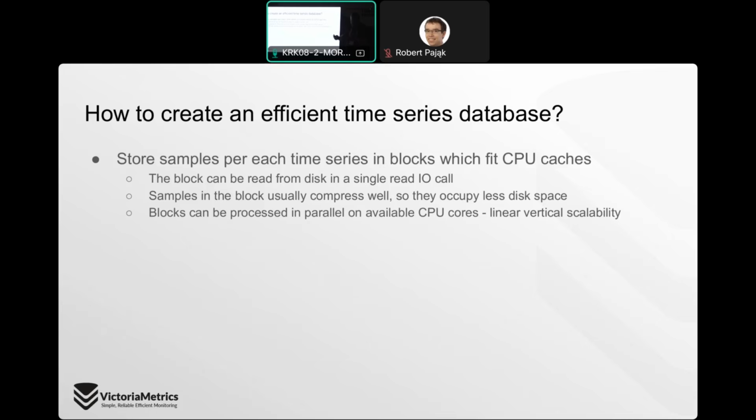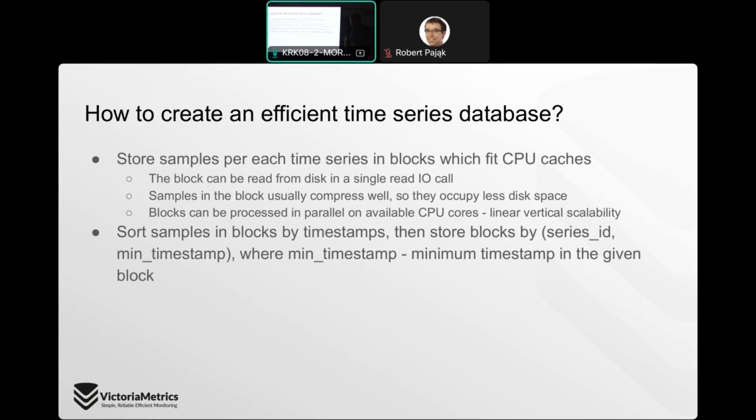And if such blocks of data fit CPU caches, then you can process such blocks very efficiently on CPU, and you can process multiple concurrent blocks on multiple CPU systems very efficiently and scale the performance vertically.